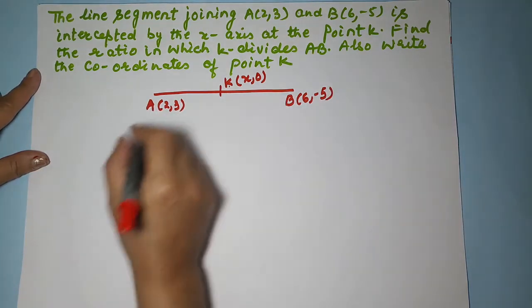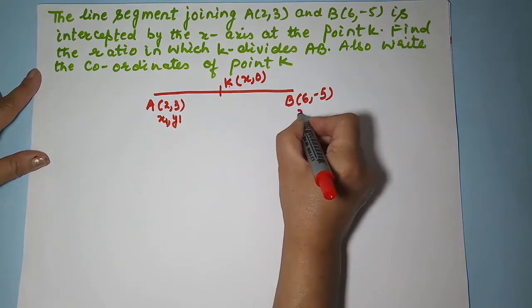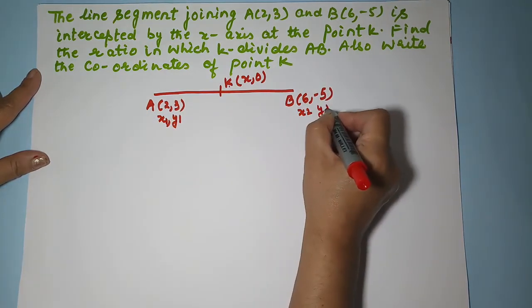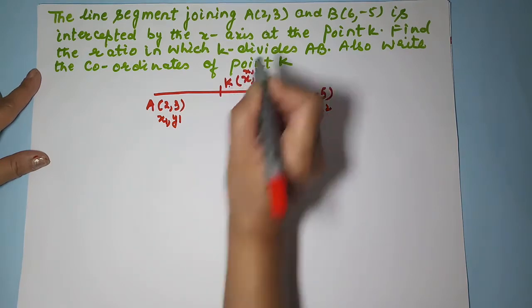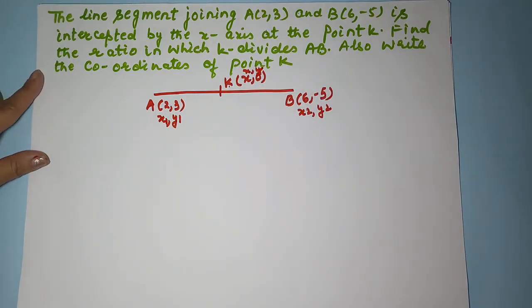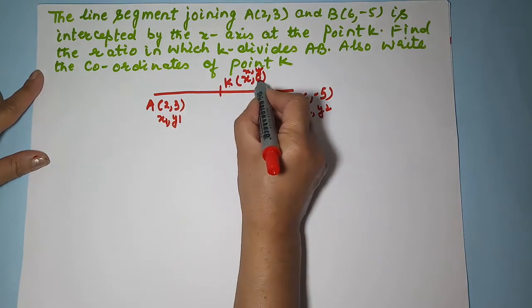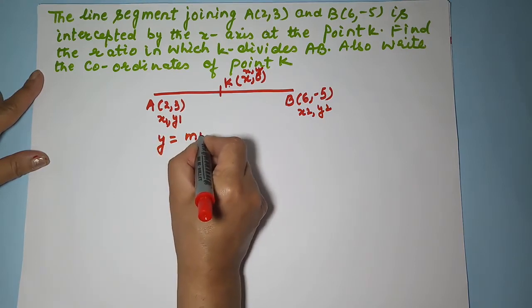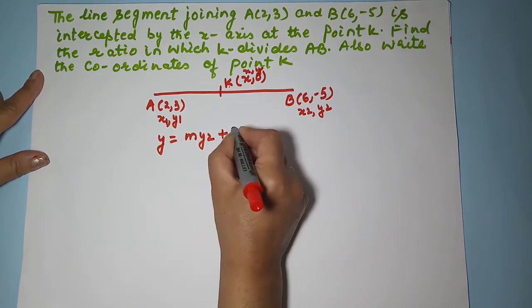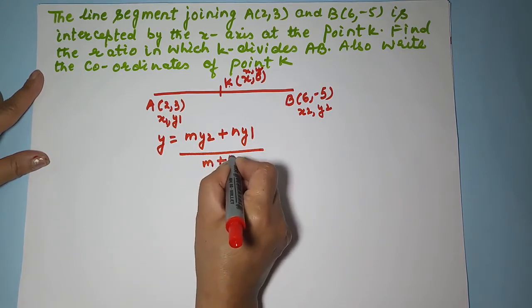Okay. So we will write this as x1, this will be y1, this is x2, this is y2, and this is our x and this is our y. Fine. Now this time we will use this 0. 0 is my y coordinate and I know that y is equal to (my2 + ny1) upon (m + n), right?